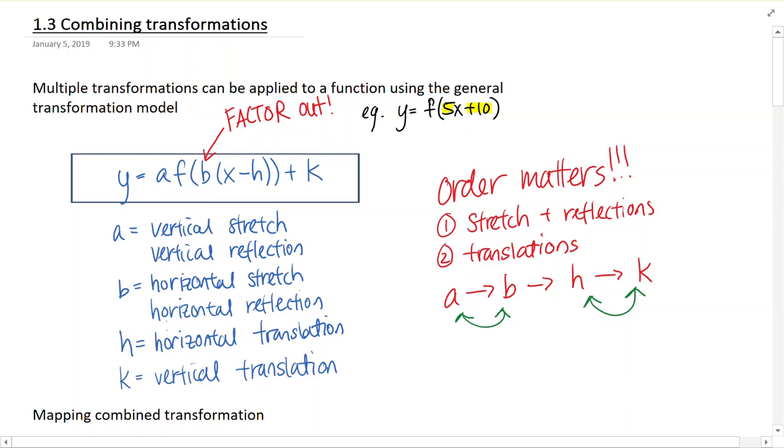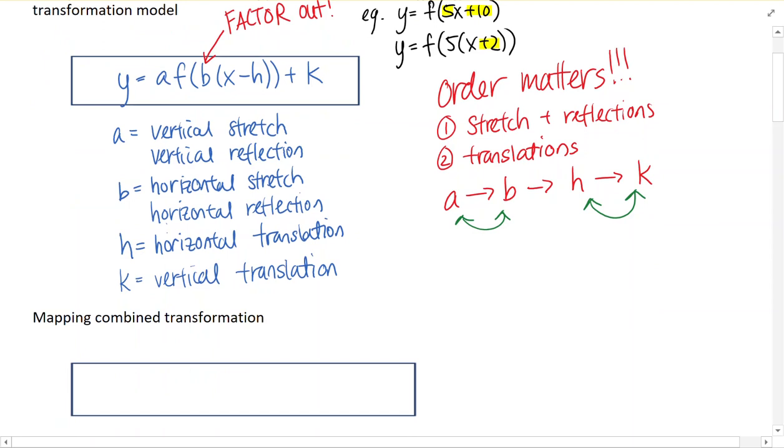It looks like I need to horizontally translate 10 to the left. But no, you need to factor. If you factor out that 5, you'll see that, in fact, that horizontal translation is actually 2 to the left and not 10. So you can see how big of a difference that would make if you didn't factor.